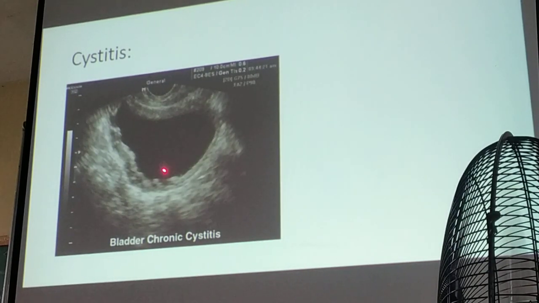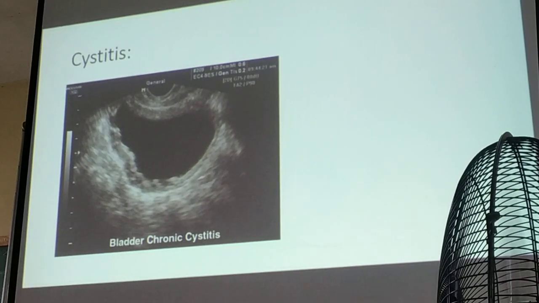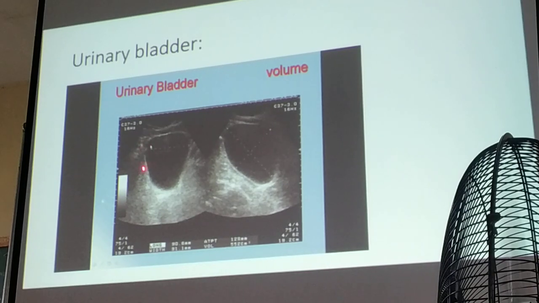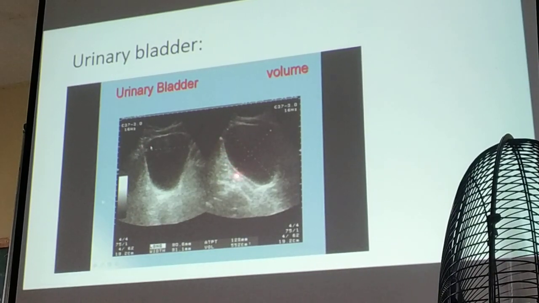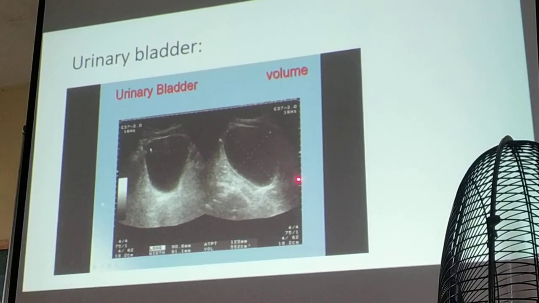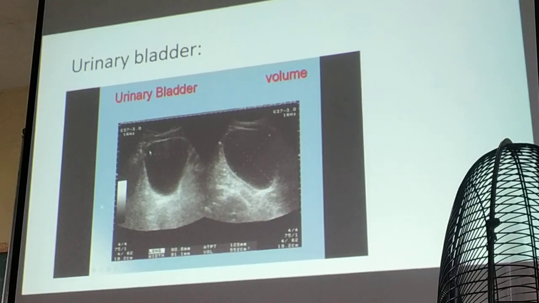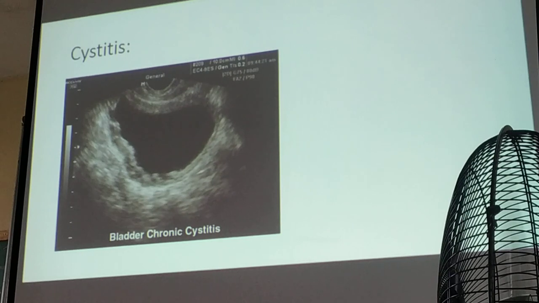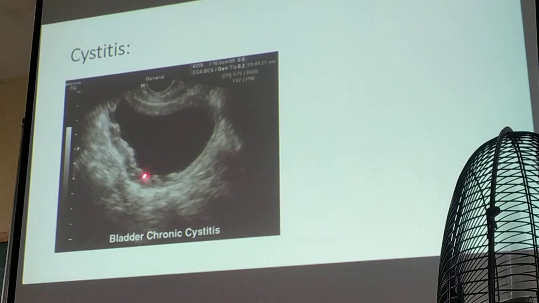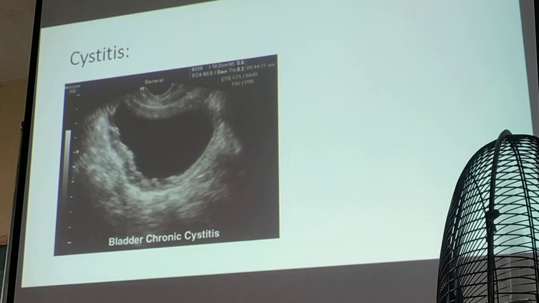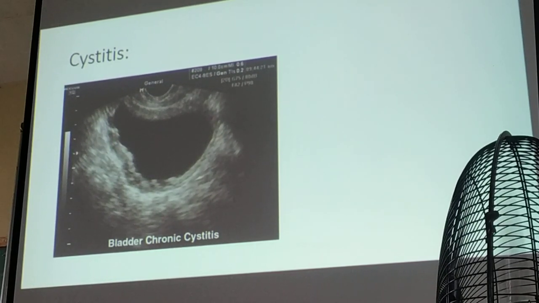Okay, chronic cystitis. There should be a pencil-like line for the lining of your urinary bladder. In cystitis, it's thickened, ragged, or serrated. Okay? That is cystitis.